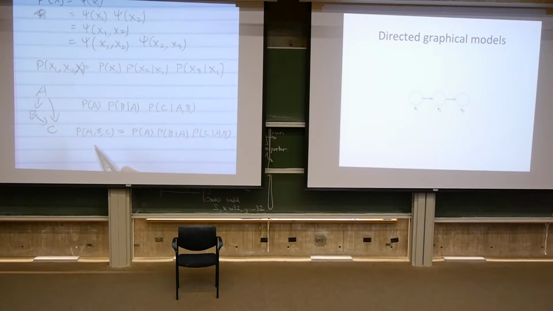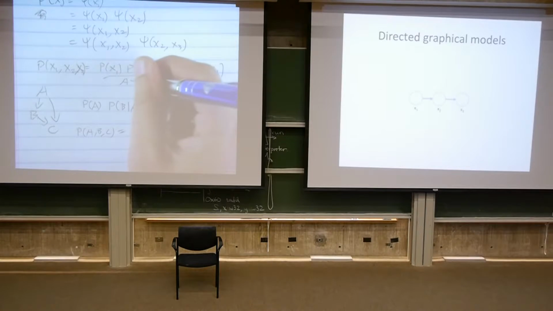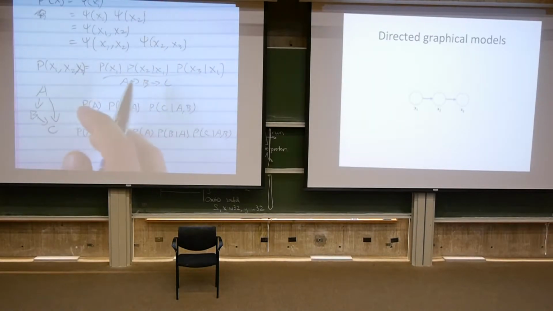That's just the chain rule. But in this case, where we have A, B, C in the chain like that, the probability of C given A and B is equal to the probability of just C given B, because C is conditionally independent of A given B in this case.